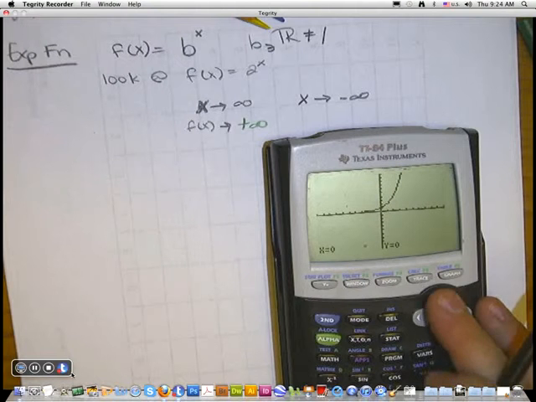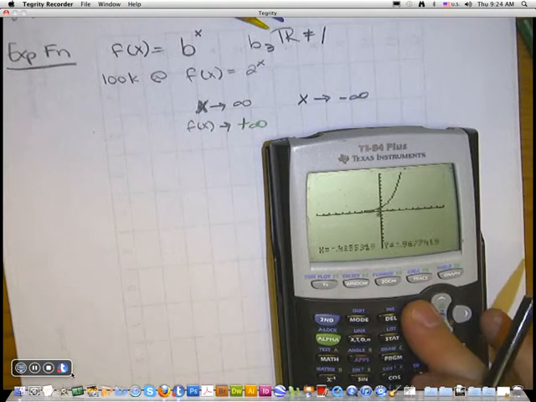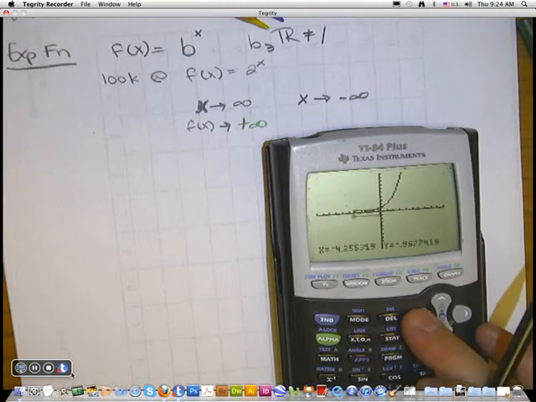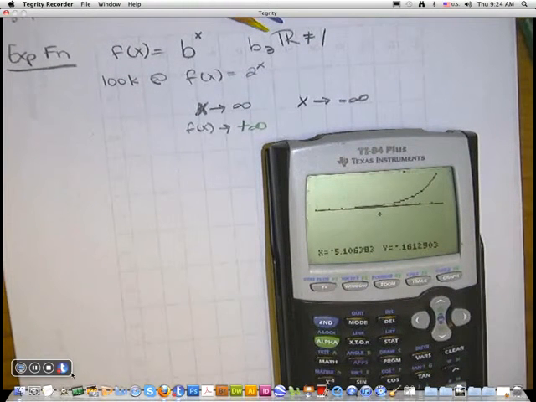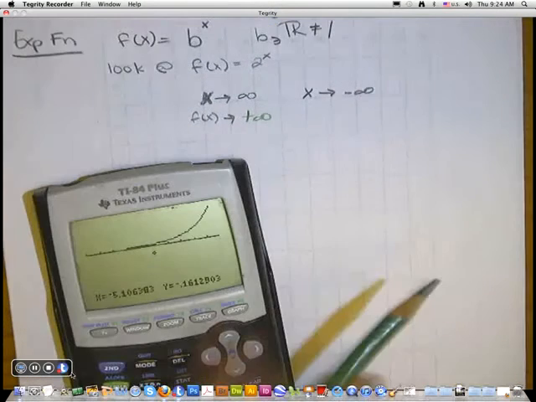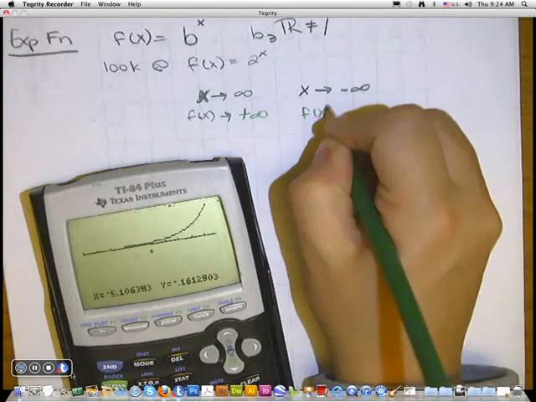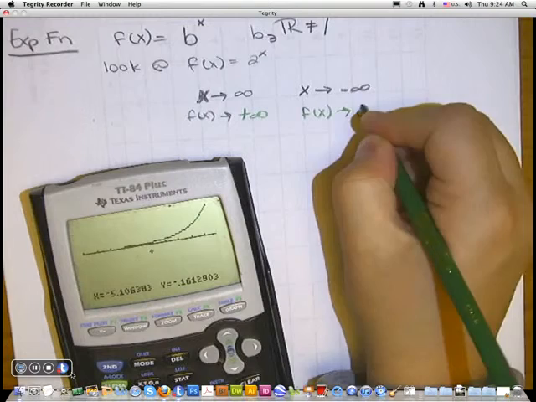I'm just going to use the zoom box so we can see what is occurring as my x's keep getting more and more negative. Notice that the graph keeps getting closer and closer to the x-axis. So as my x's approach negative infinity, my y values, so my function, my f of x, is approaching 0.